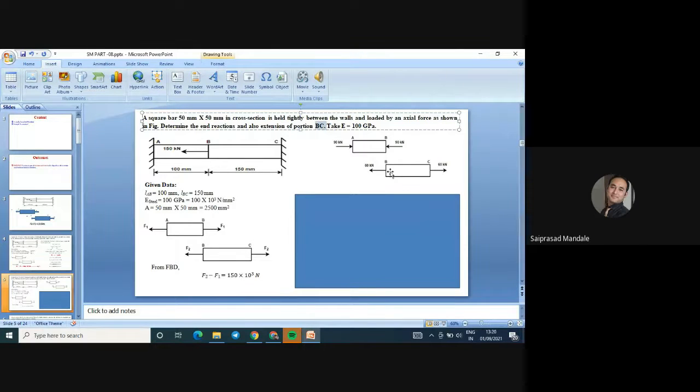Can anybody tell me how to calculate the extension in section BC?